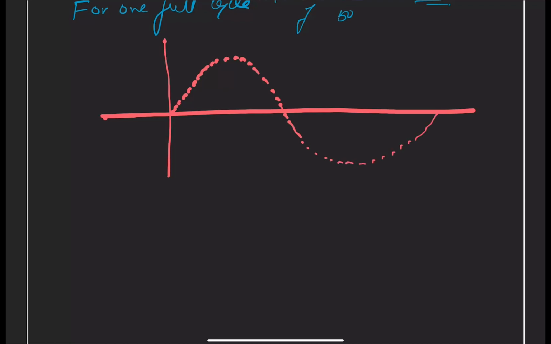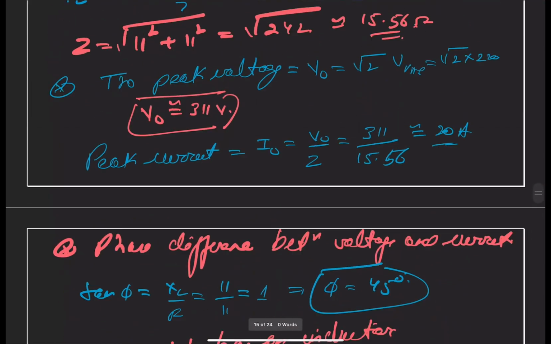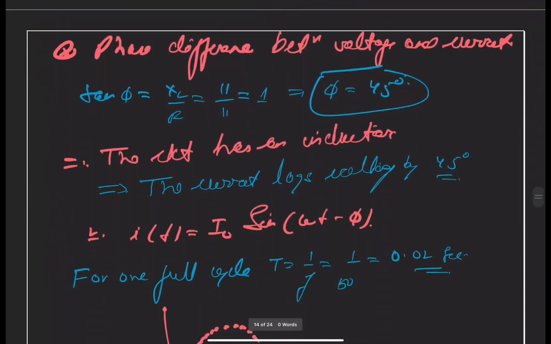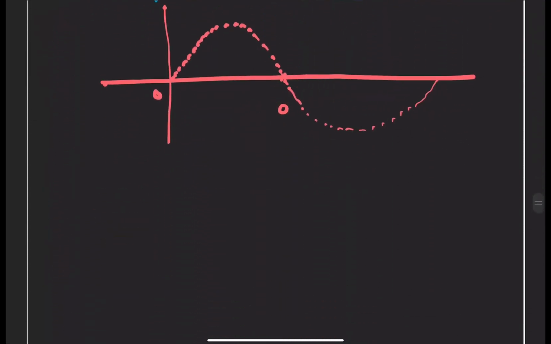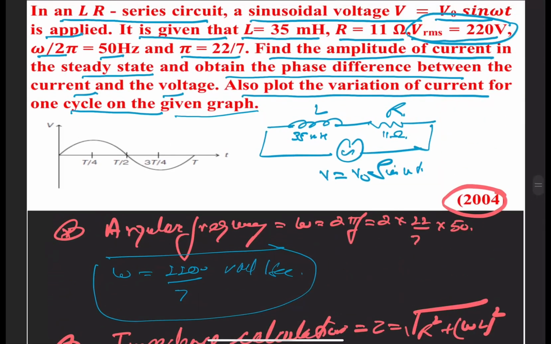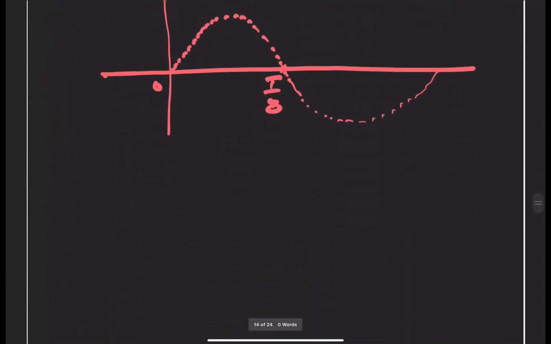We have this as 0, and this point is given as T by 2, not T by 8. Then we have T by 8, and the last value is given as T.